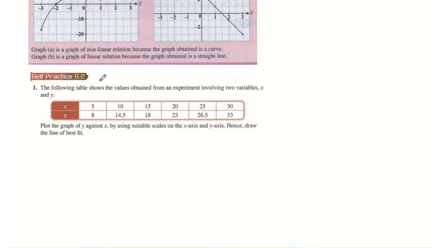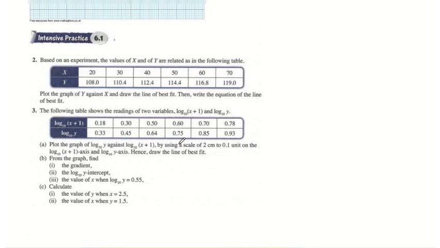Okay, self practice 6.2. Also, we are going to do graph plotting where the values of x and y are given. After that, we do the line of best fit, which will also be taught after this. 6.1 also covers drawing graphs. We have to draw one complete graph on graph paper for this chapter.